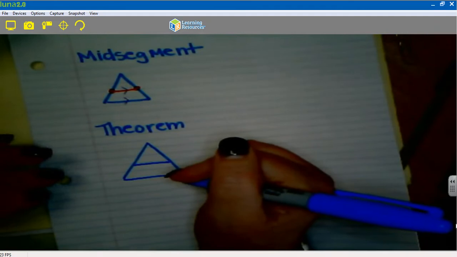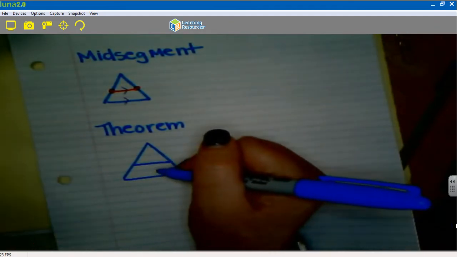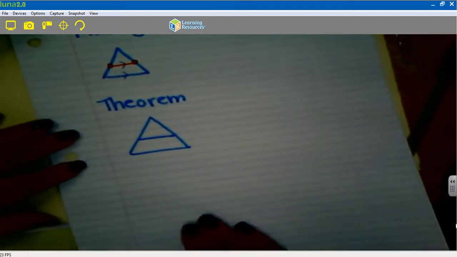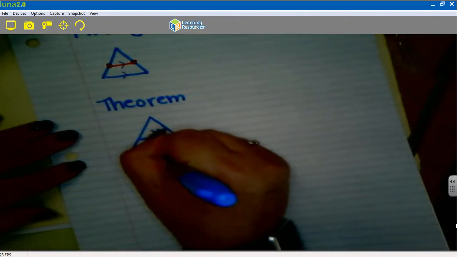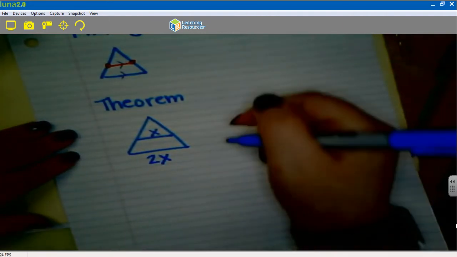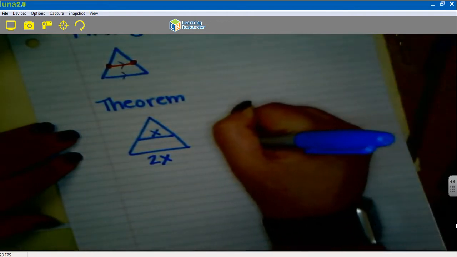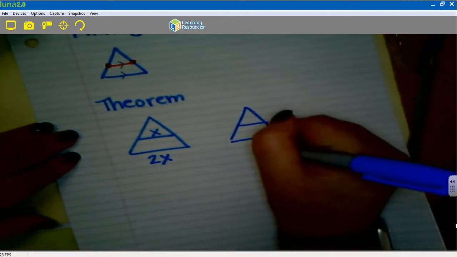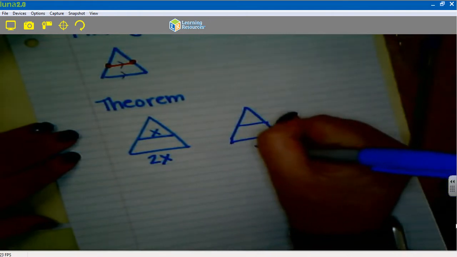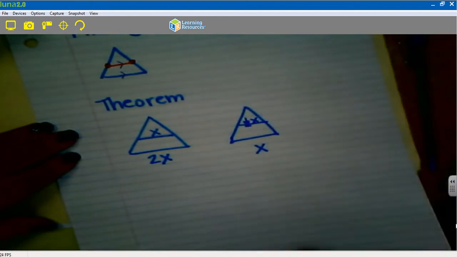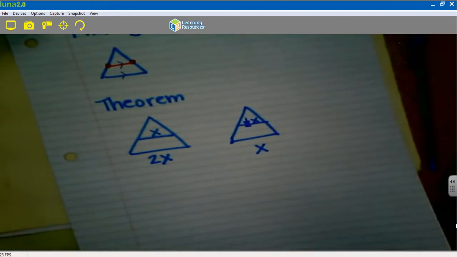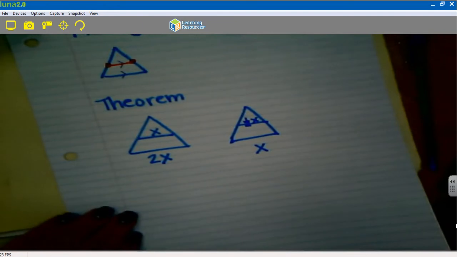It connects two sides of a triangle, is parallel to the third side, and is half as long as that side. So, if the mid-segment is x, then the base of that triangle is 2x. Or, if the base of the triangle is x, then the mid-segment is half of x. And that's what we're going to take a look at today, are these two theorems.